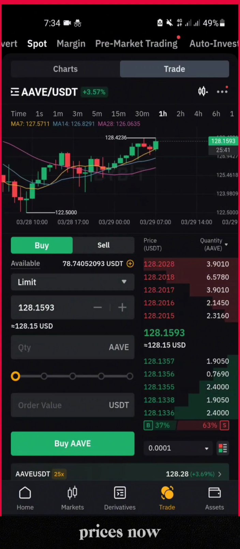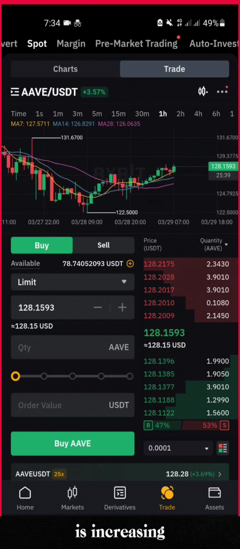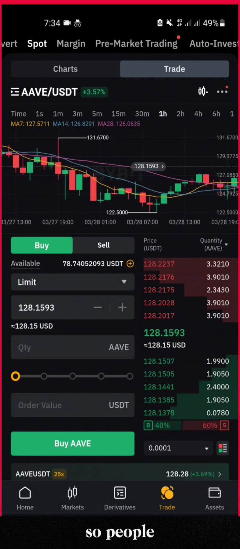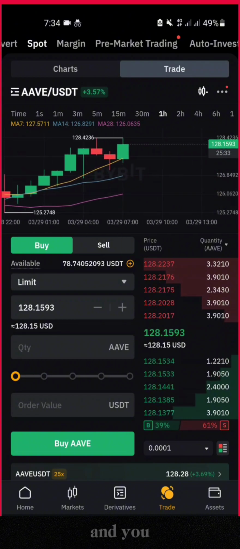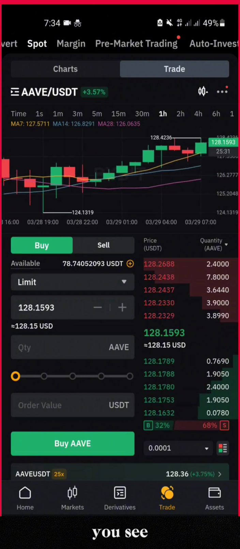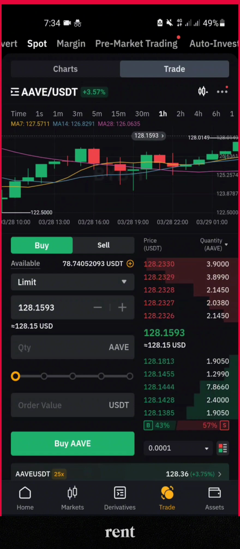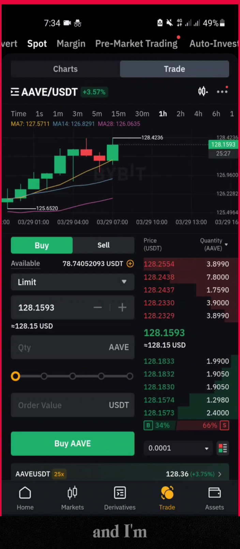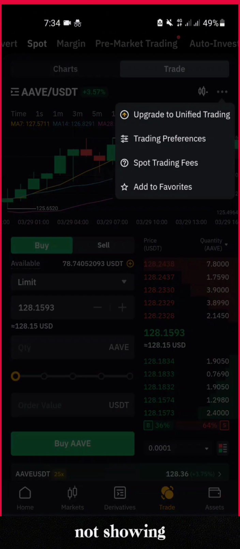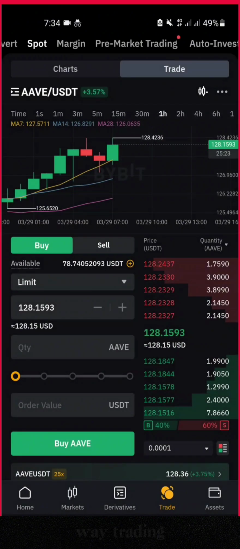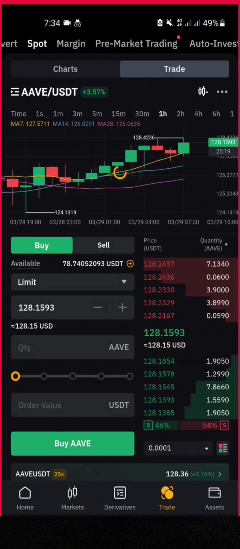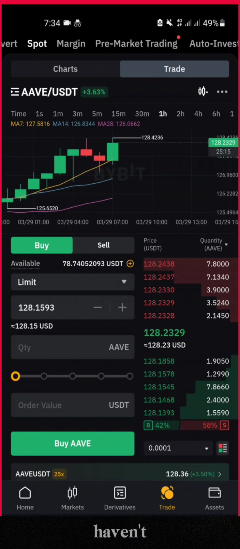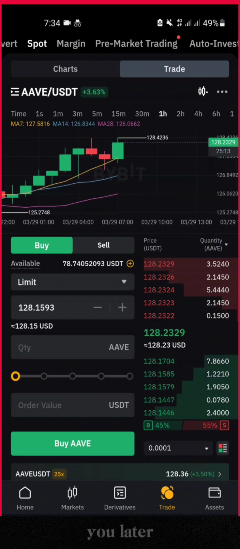The price is increasing now, so people are trying to buy this token. And if you see, this place is a range, and I'm not showing you good trading performance this way. I will show it like on TradingView, which I haven't downloaded, I will download it for you later.